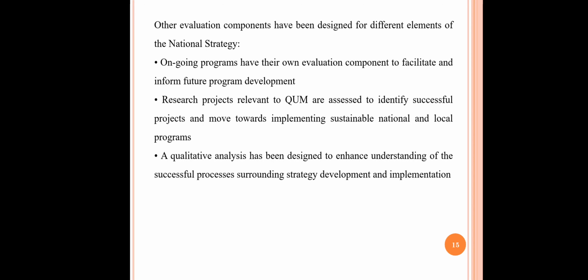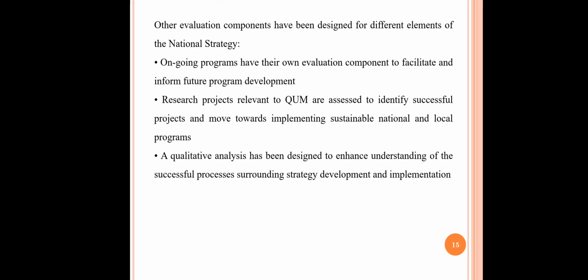Other evaluation components have been designed for different elements of the national strategy. Ongoing programs have their own evaluation component to facilitate and inform future program development. Research projects relevant to QUM are assessed to identify successful projects and move towards implementing sustainable national and local programs.